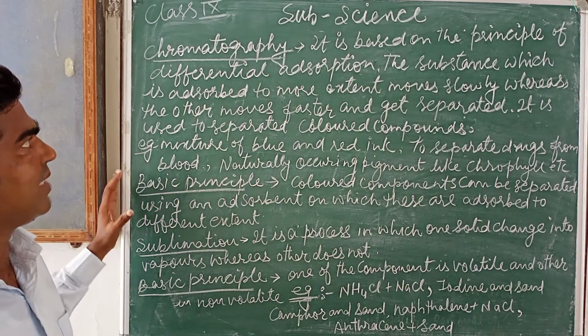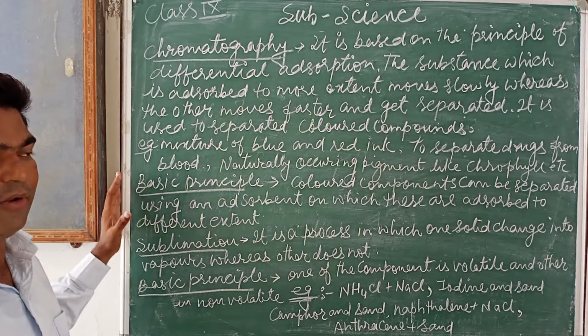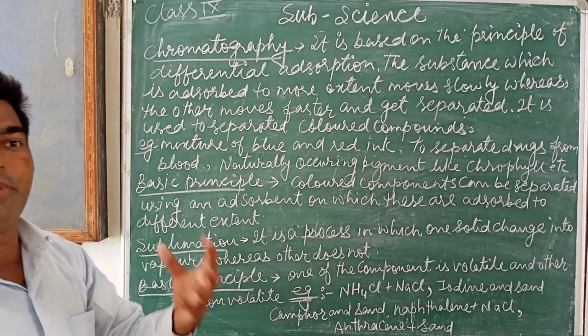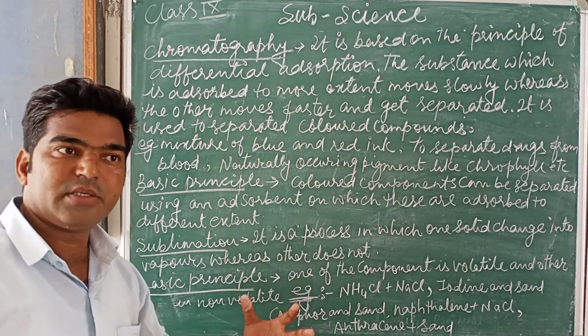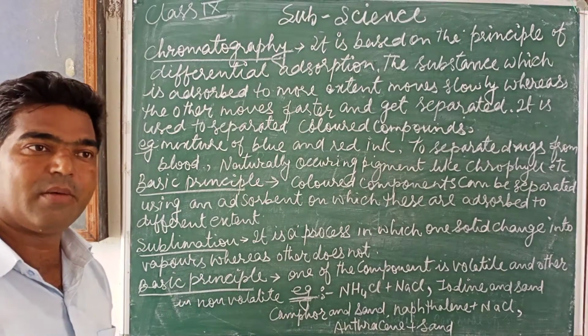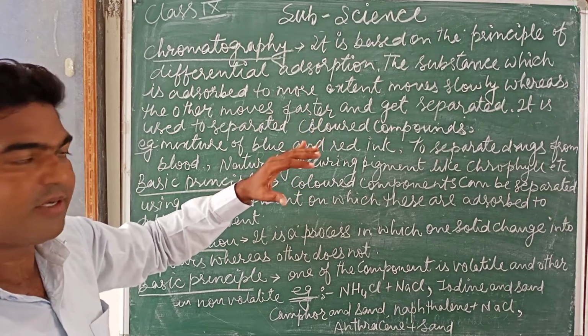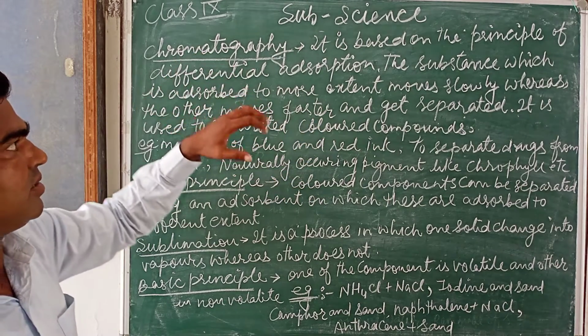Chromatography is a very advanced technique, mostly used in forensic science or a forensic lab to find blood, different drugs from a blood sample. This is a very modern technique of the forensic lab. In a forensic lab, this method is generally used.